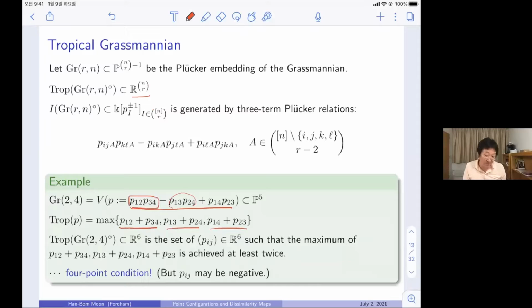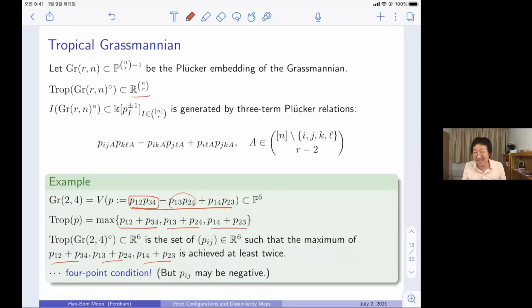So the tropicalization of the polynomial P is the maximum of these three terms. And finally, the tropicalization of Gr(2,4) is a fan inside R^6, which is the set of Pij's. But now the maximum of these three quantities must appear at least twice.